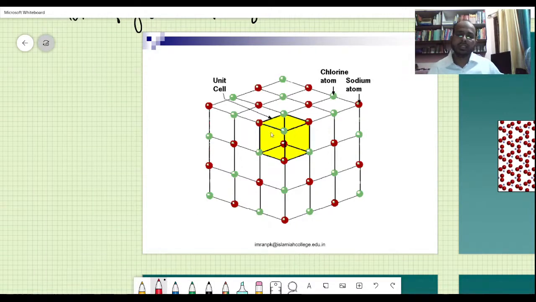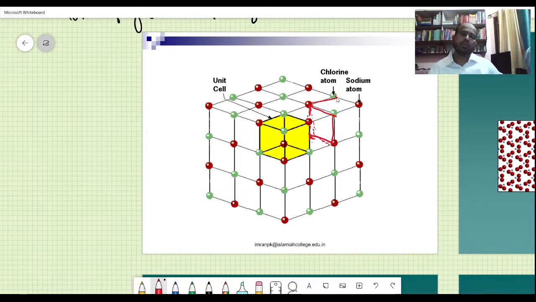The unit cell here. And then the chlorine atom is there and the sodium atoms are there. So if you can get here, you can get another molecule here and then you get a cube there. It is hidden there, you get a cube there.